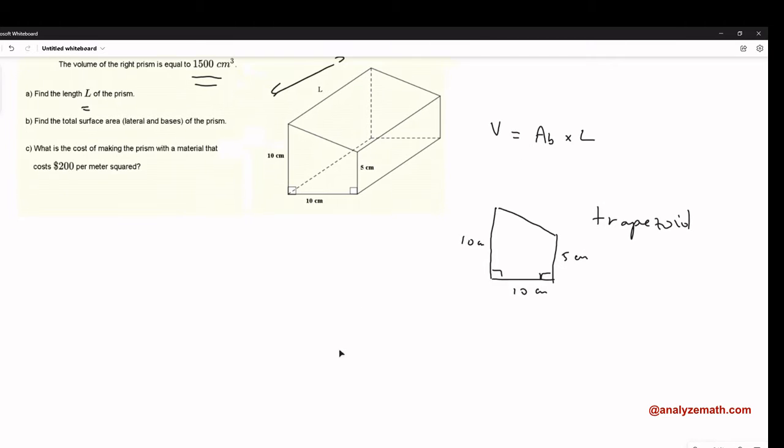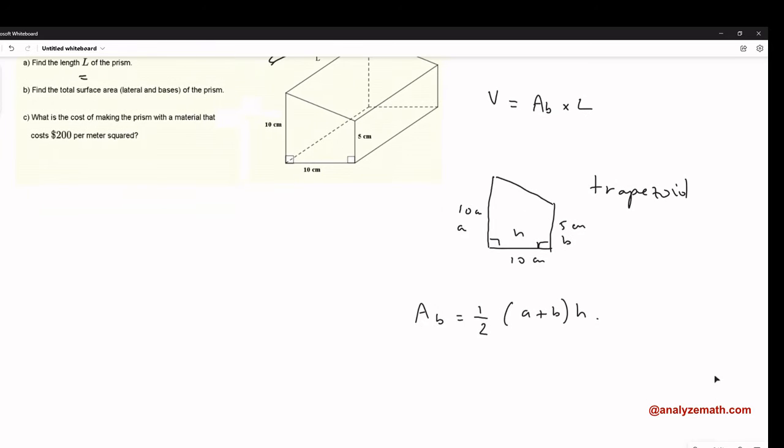Now the area of trapezoid AB, if we call this H, this A, and this one B, the area of the trapezoid is 1/2 (A plus B) multiplied by H. So let's substitute the values to find AB equal to 1/2.